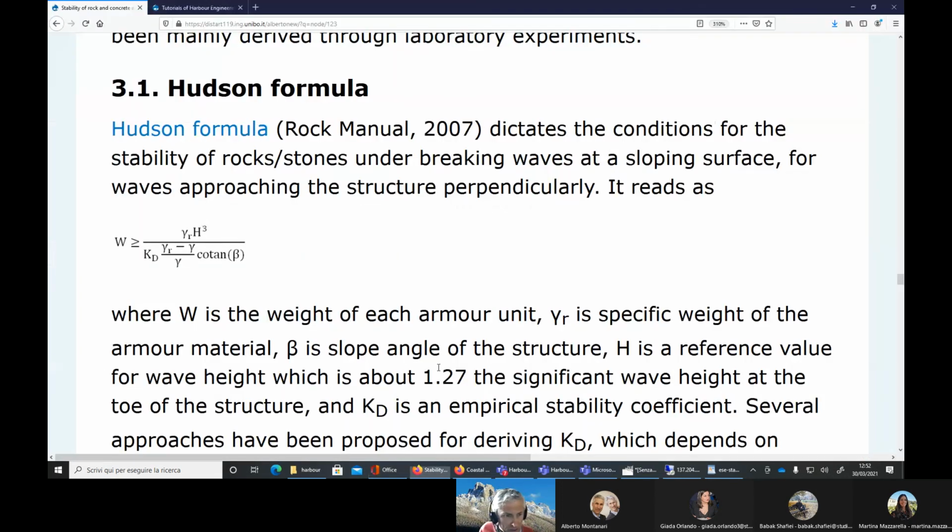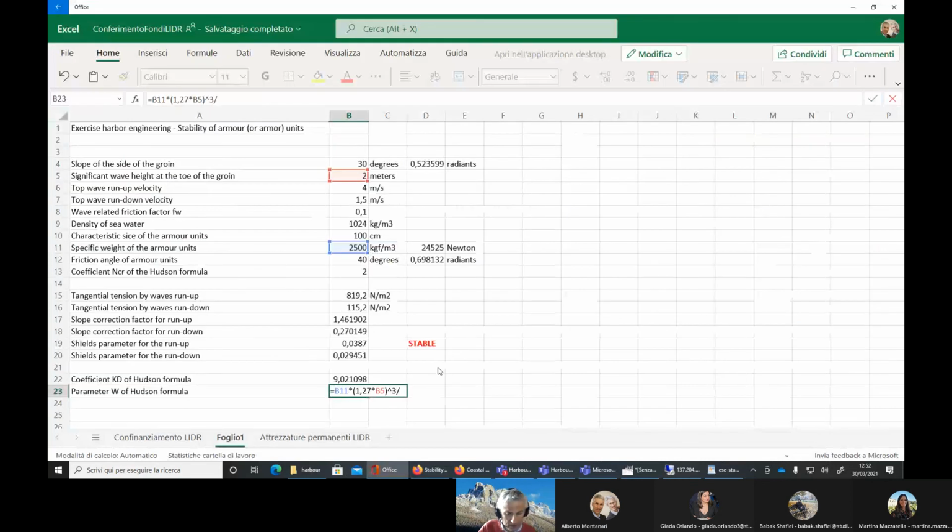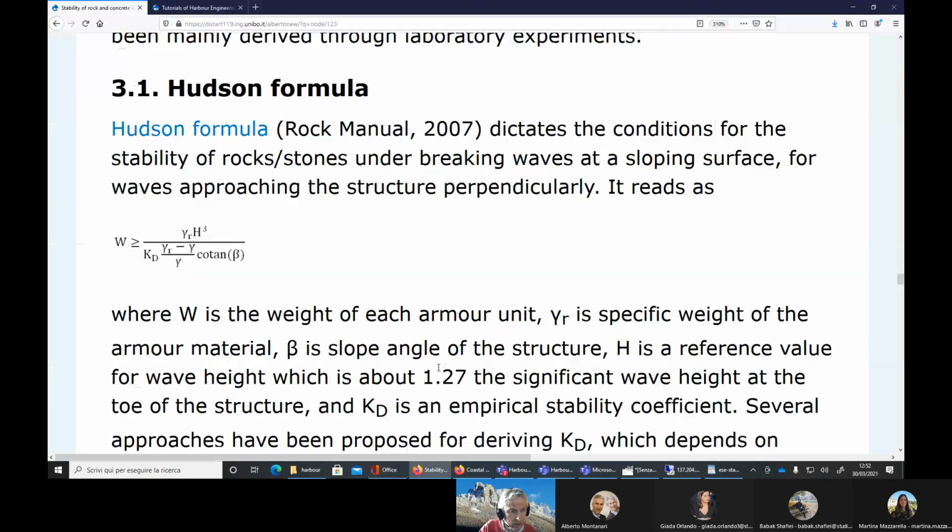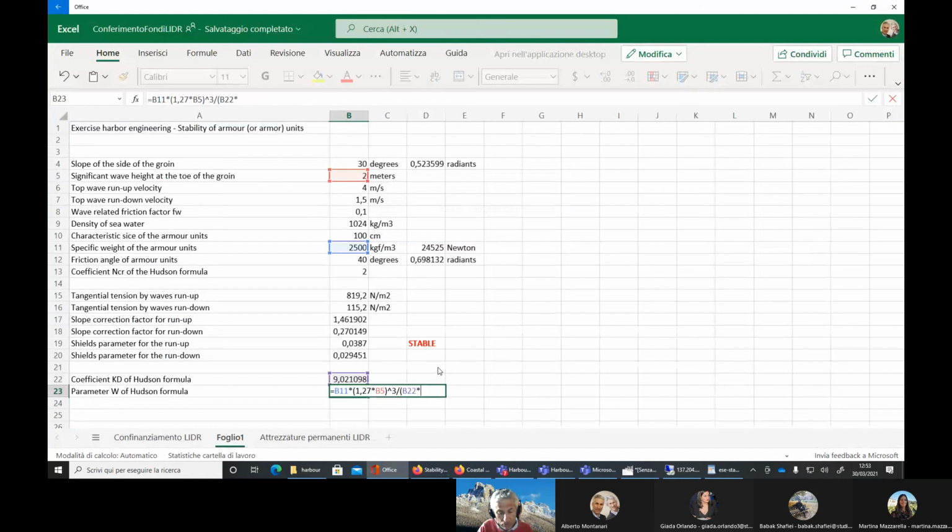The denominator is KD times, let's open a parenthesis, I go back to the formula, I need to see it. There is the relative immersed weight. So I have to make the difference 2500 minus 1024 divided by 1024.